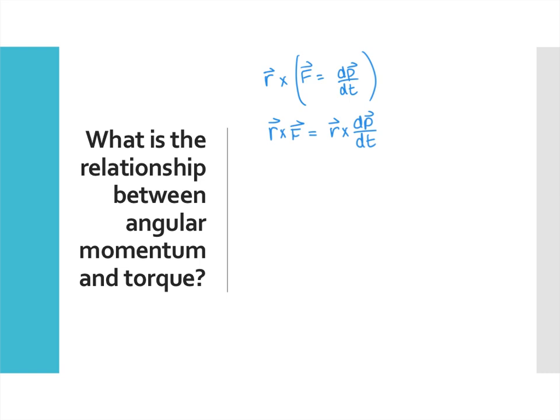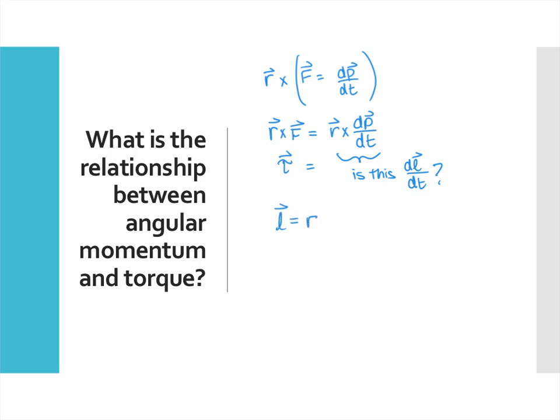And so this is indeed torque, but what we want to say is this, the derivative of angular momentum with respect to time. So we have to figure out, is that true? So let's try to figure out what that is.